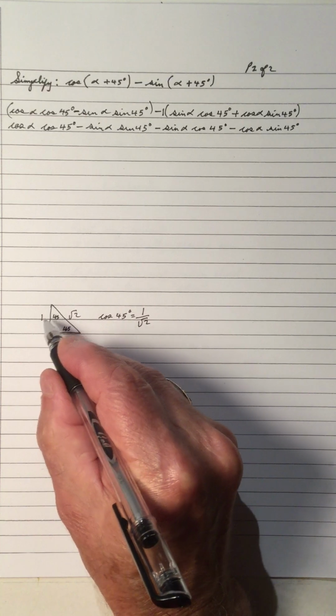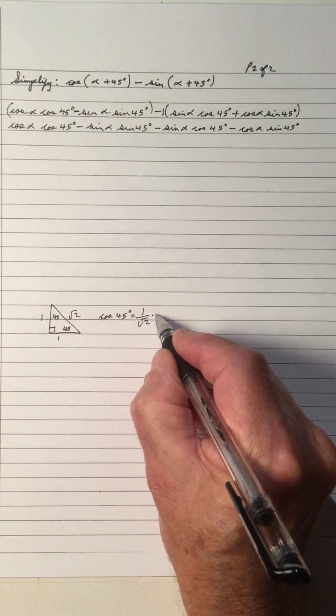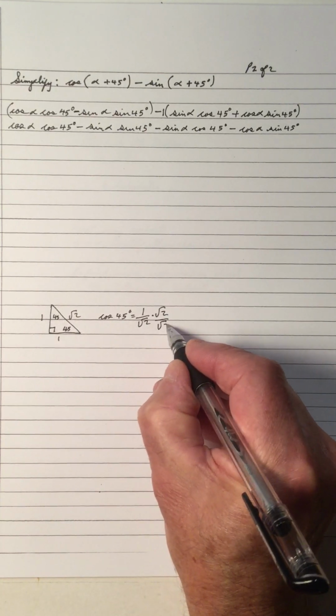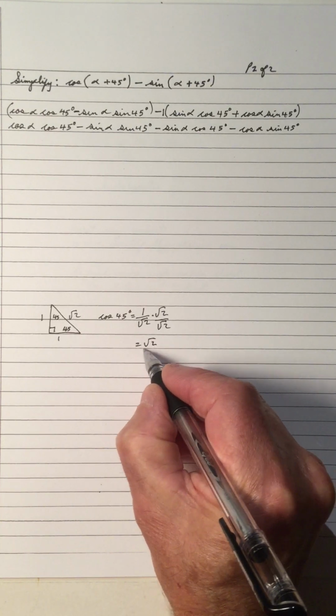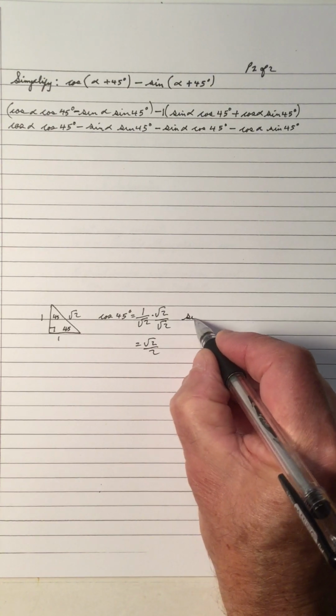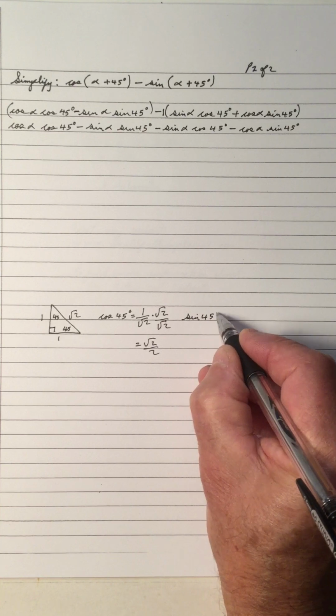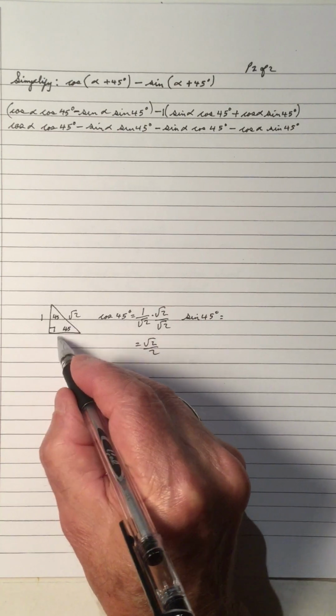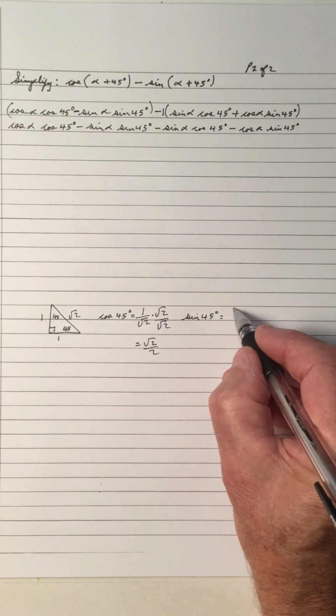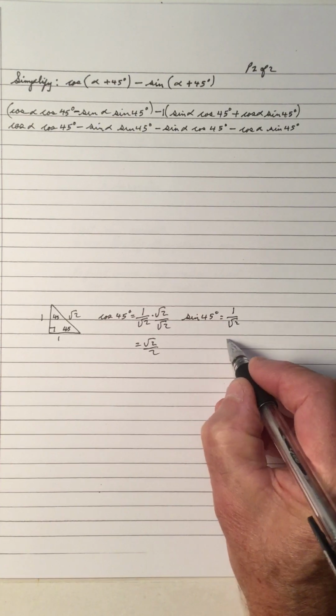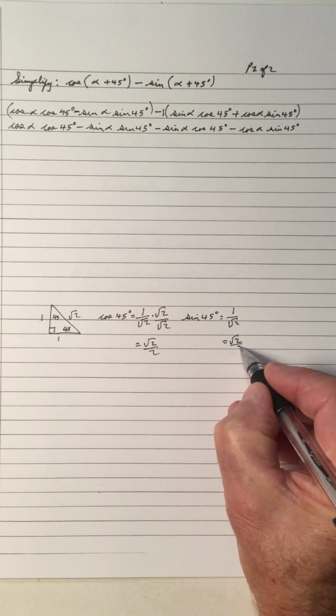Multiplying by root 2 over root 2, that becomes root 2 over 2. The sine of 45 is the same answer, because sine is opposite over hypotenuse, so you get 1 over root 2, which simplifies to root 2 over 2.